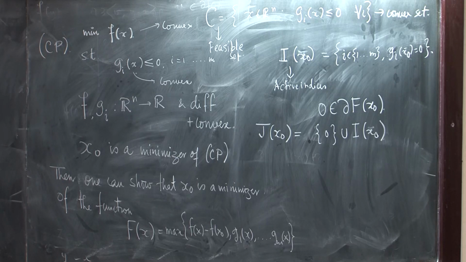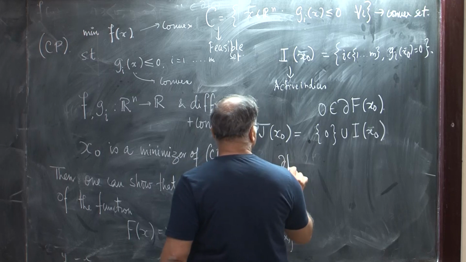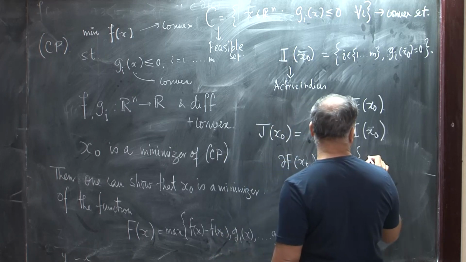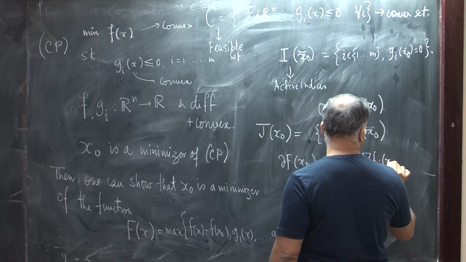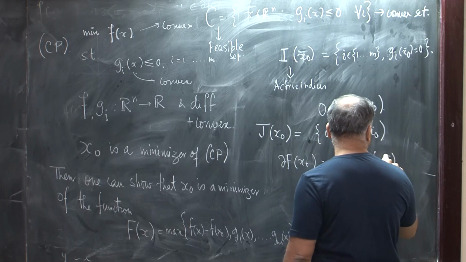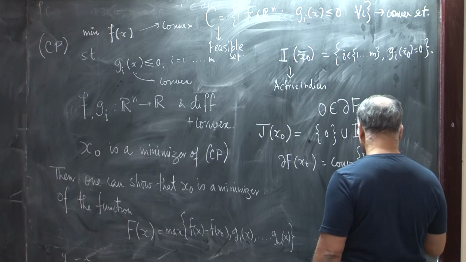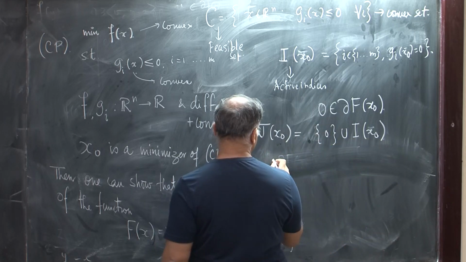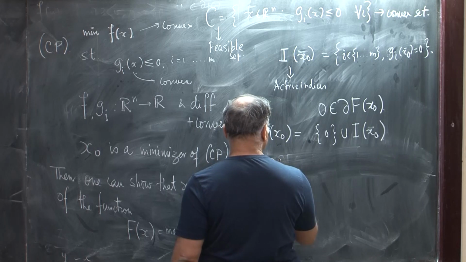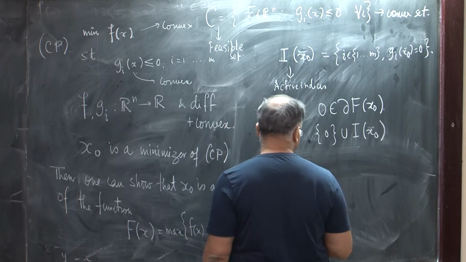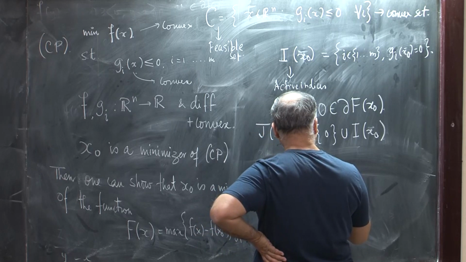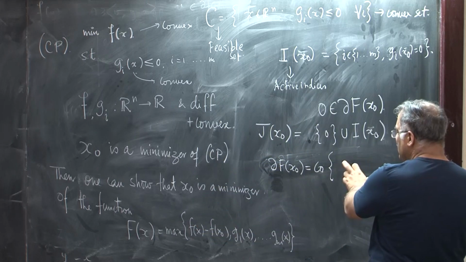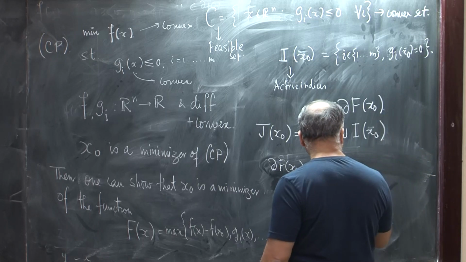So by the very definition, the subdifferential of f at x naught is the convex hull of all grad f_j(x naught) which are in this J(x naught).